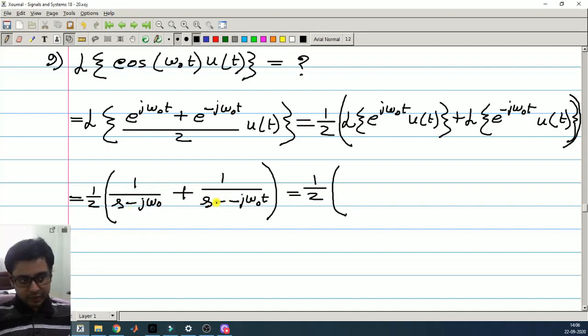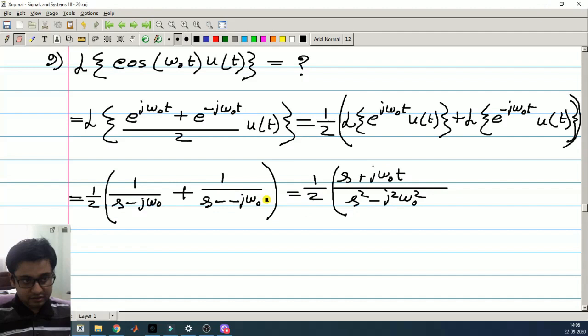If you multiply these two, the denominator will become s square minus j square omega naught square, and the numerator will be s plus j omega naught. Sorry, no t here. And then plus s minus j omega naught.